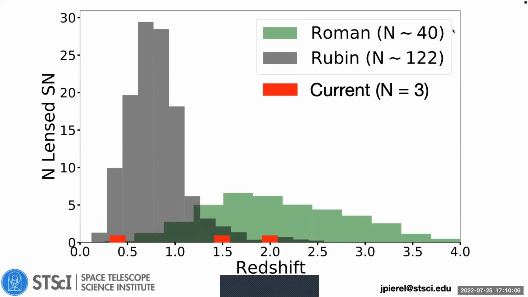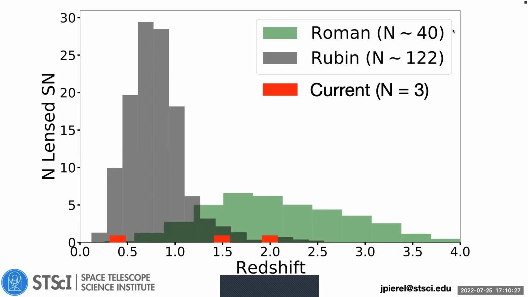And then Roman will get all the way out to redshift 3 or 4 for this, source redshift, obviously. And so together, this will give us quite an interesting data set of lens sources covering essentially redshift all the way out to 4. So there's lots of interesting tests that we could do with that.